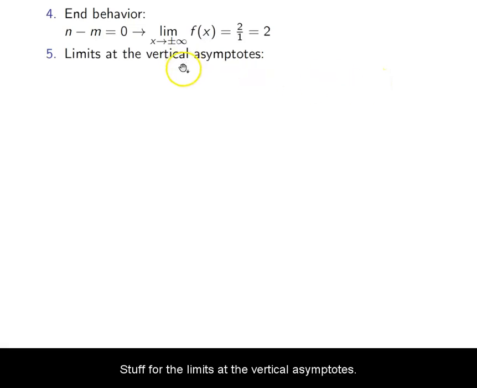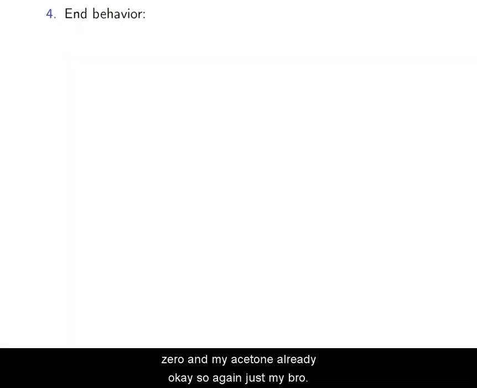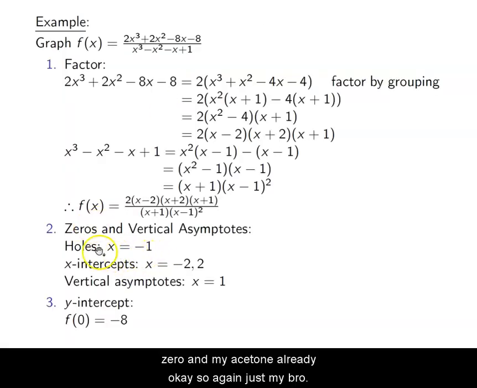So for the limits at the vertical asymptotes, remember the only vertical asymptote I have is x equals 1. One of my zeros is -2, but I have a value in between my 0 and my asymptote already, okay? So again, this is my vertical asymptote.